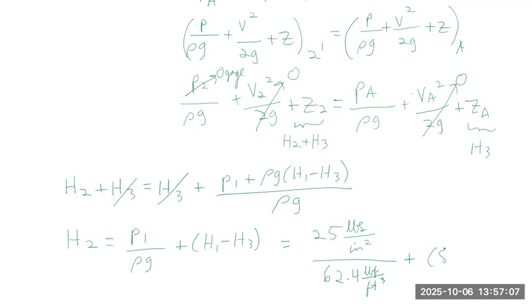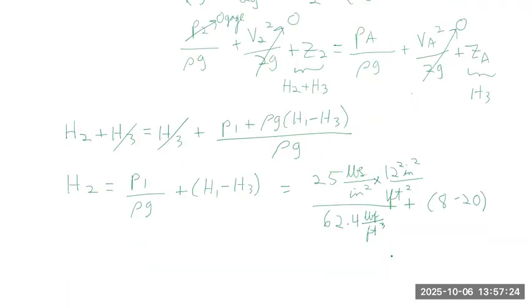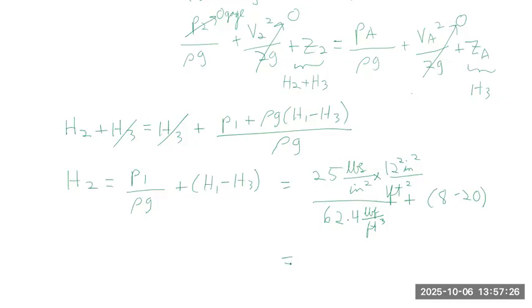So it's 8 minus 20 feet. And this one is going to be multiplied by 12 squared inches squared over feet squared. So let's compute that out. And H2 will be equal to 45.7 feet.